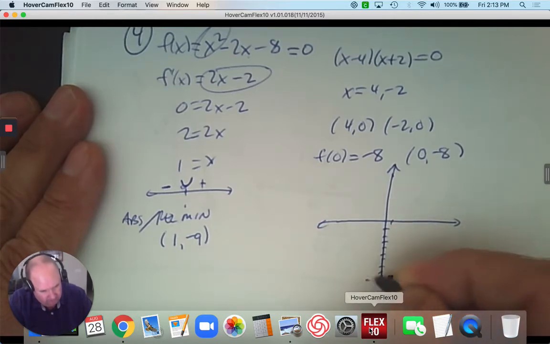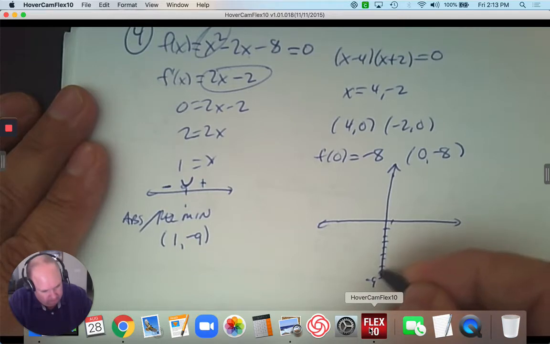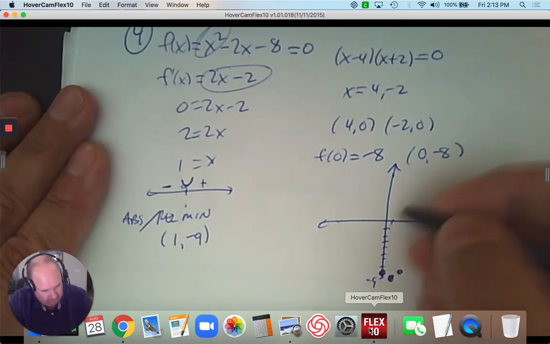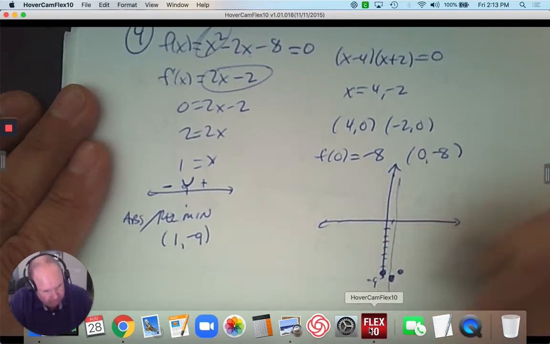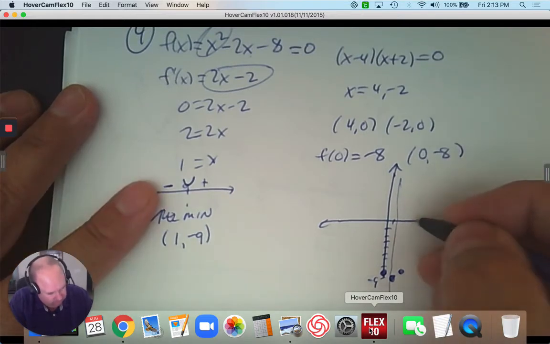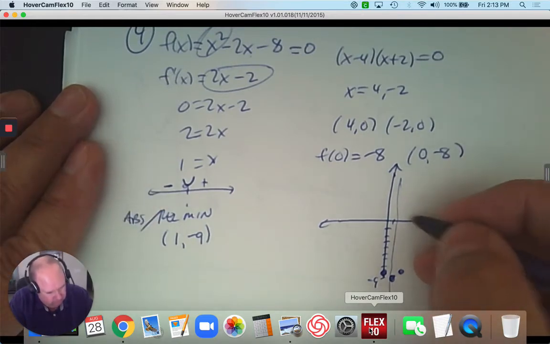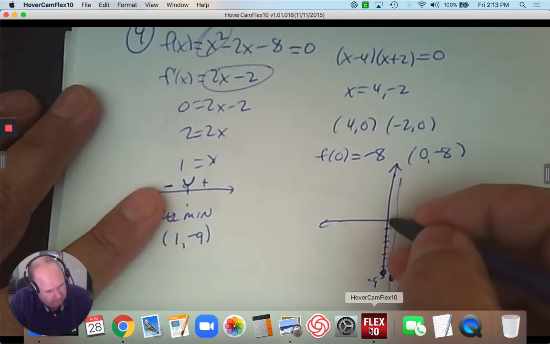So 1, negative 9, 0, negative 8. You can reflect it over the axis of symmetry if you want. We have 4 and negative 2.